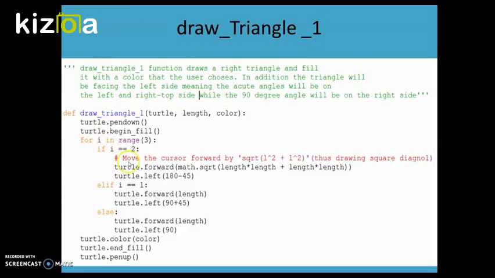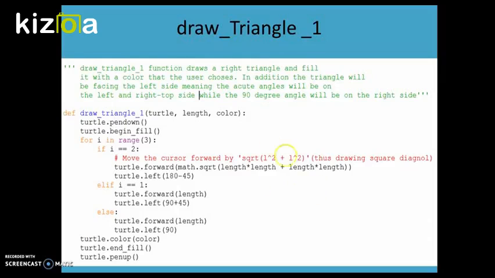Over here, in my for loop, I told it that it's going to have 3 sides, so it's going to do it 3 times. If i equals 1, then it's going to use the Pythagorean theorem in order to find what the c is, basically the longest side of the triangle.